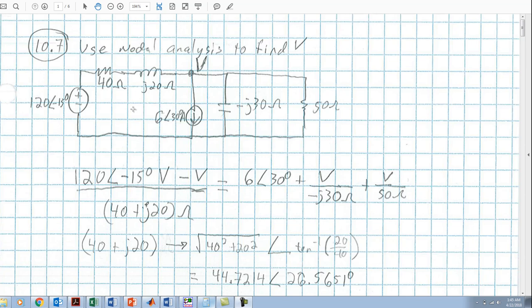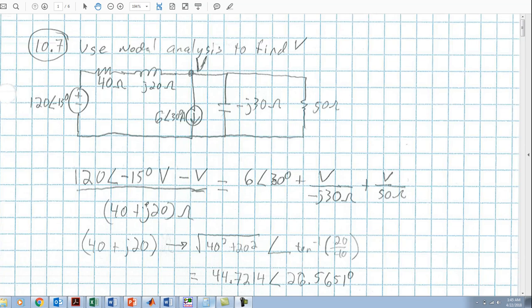In this case, all of the currents into the node labeled V have to be balanced by currents going out from the node. And so in this case, we have this voltage minus this voltage divided by the total impedance between. So we have 120 phasor symbol minus 15 degrees minus V over the total impedance, which is going to be 40 plus j20, equals the current going out.